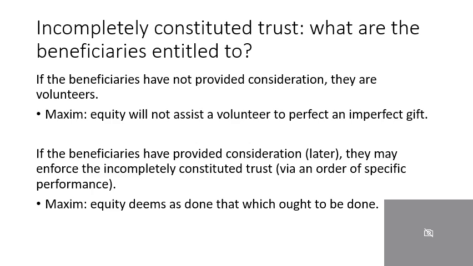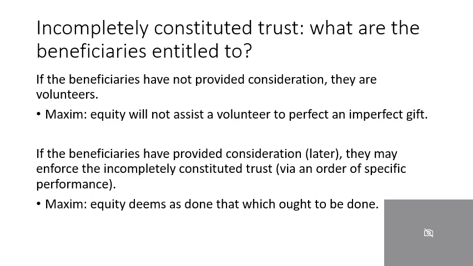Now, incompletely constituted trusts. If the settlor had not vested the legal title of the trust property in the trustees, are the beneficiaries entitled to anything? What are they entitled to? Well, if the beneficiaries have not provided consideration, then they're deemed to be volunteers.